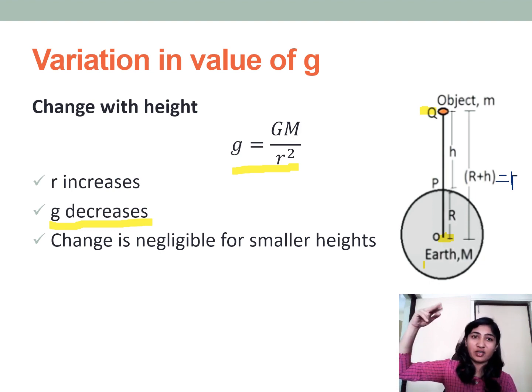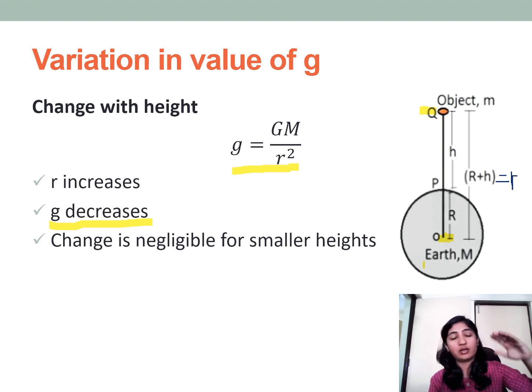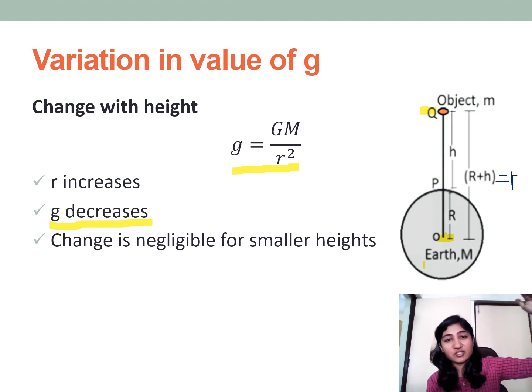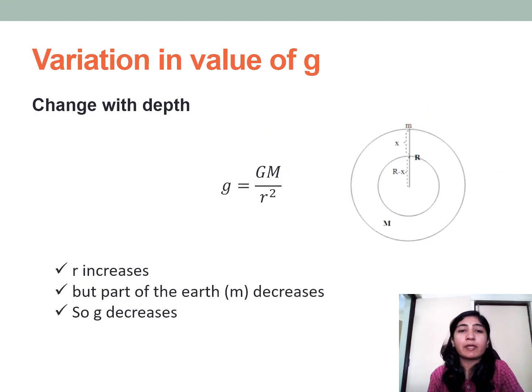There is a lot of change when the object goes to thousands of kilometers. So as the object goes high, r increases, right? The distance from the center increases, so g decreases, the value of gravitational acceleration.